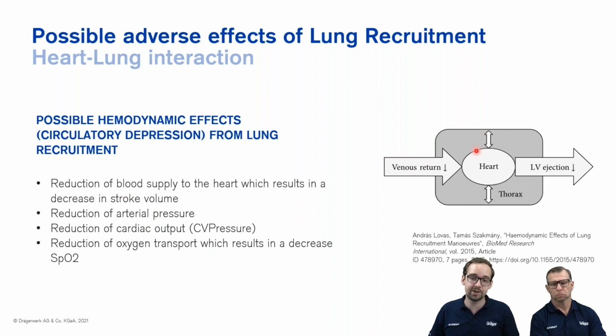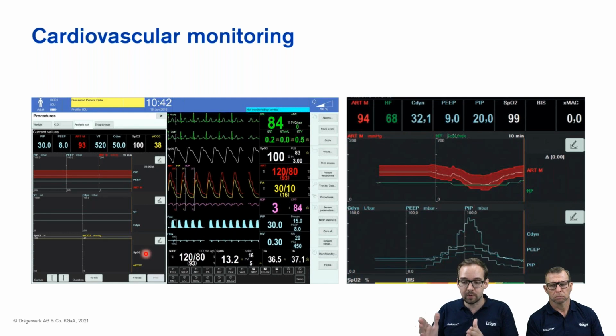These higher pressures might lead to reduced venous return and reduced left ventricular ejection, which you can then see or monitor by lower arterial pressure, lower cardiac output, and even a decreased SpO2. So this is why it is so important to make sure that we are using appropriate cardiovascular monitoring to see what is happening inside the lung and inside the chest or inside the heart of the patient.